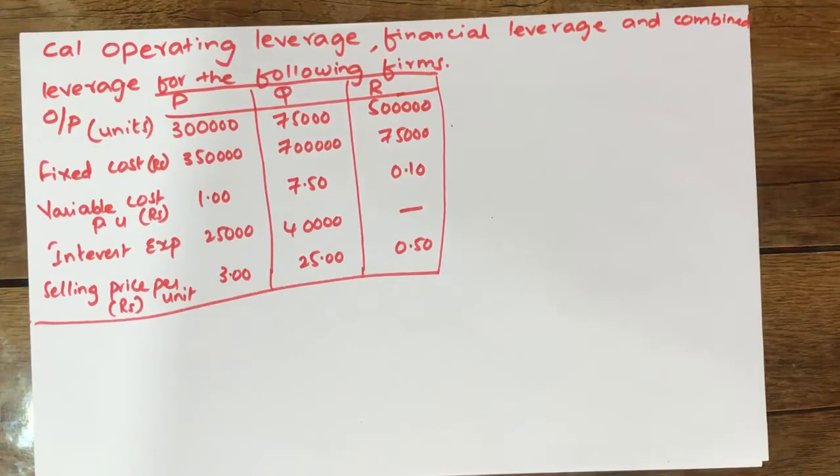It is the firm's ability to use operating costs to magnify the effects of changes in sales on its EBIT. Similarly, financial leverage is the ability of the firm to use fixed financial charges like interest to magnify the effects of changes in EBIT on the firm's EPS, that is earnings per share.